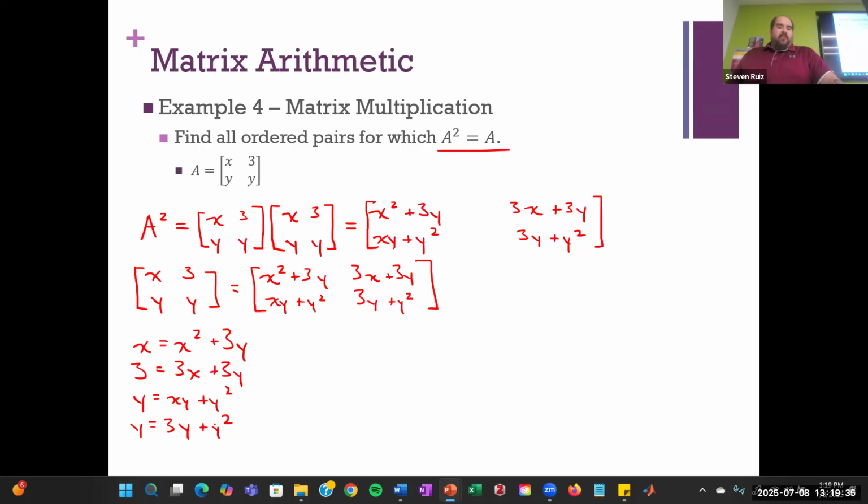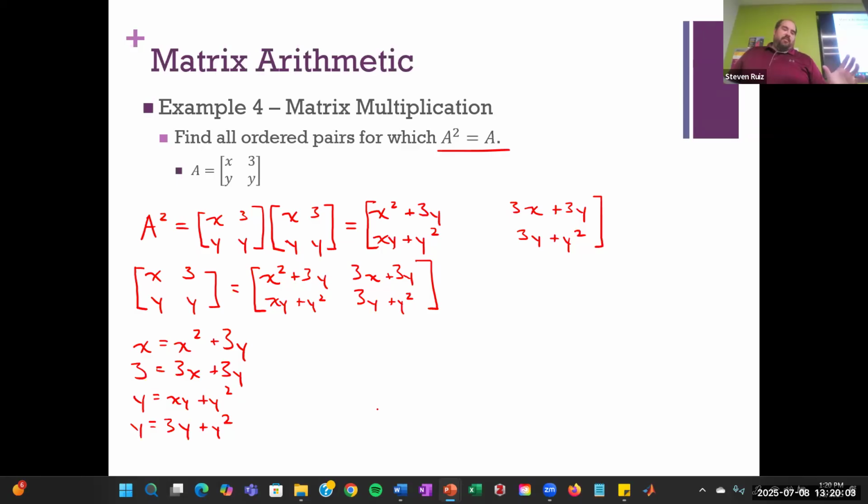I'm hesitant to divide by y because is there a chance y could be 0? I think y can be 0. I didn't see that possibility yet, but I'm pretty sure when x is 1 and y is 0, this works.